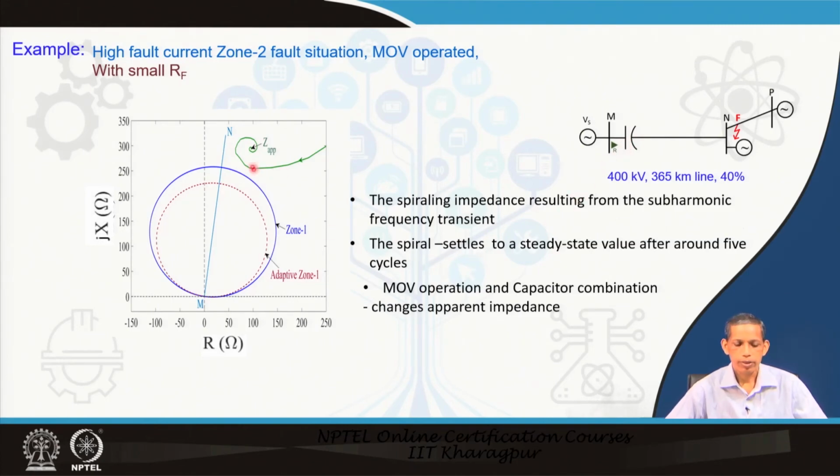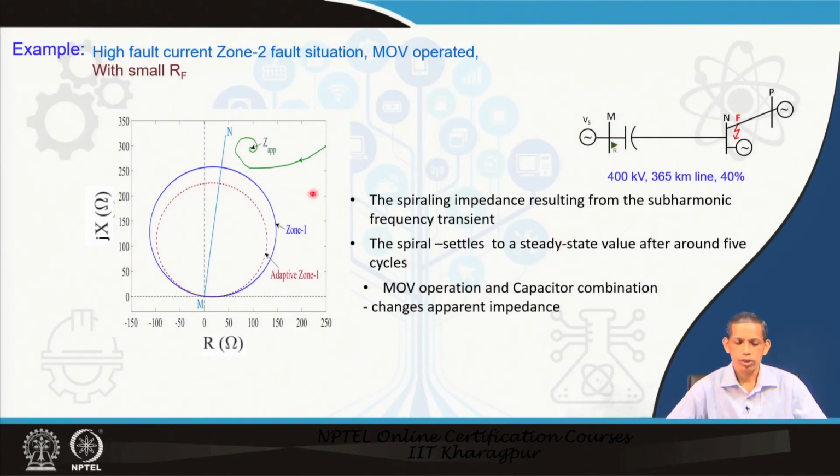Now, finally, what happens is that the capacitor and MOV bypass the capacitor and the fault is beyond the zone 1. This is correct. Agree? So, what we see is that with small RF the current becomes high, the MOV starts operating, and then finally the air gap also fires, and therefore the capacitor is bypassed.